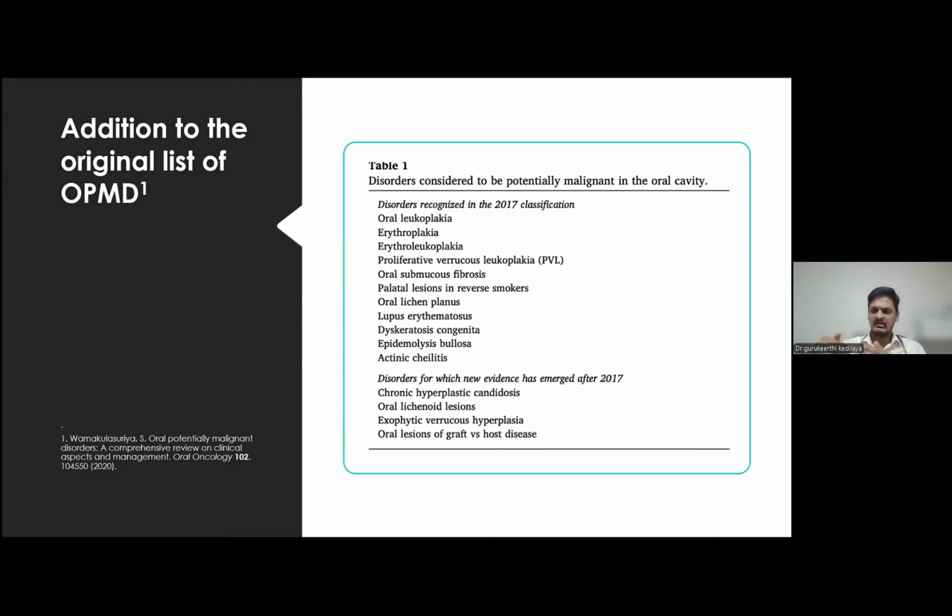In addition, various other disorders were included, such as PVL, proliferative verrucous leukoplakia, oral lichen planus, lupus erythematosus, dyskeratosis congenita, epidermolysis bullosa, and actinic cheilitis. After 2017, new evidence emerged to include further disorders like chronic hyperplastic candidosis, oral lichenoid lesions, exophytic verrucous hyperplasia, and oral lesions of graft versus host disease, because of their tendency to become malignant during progression.